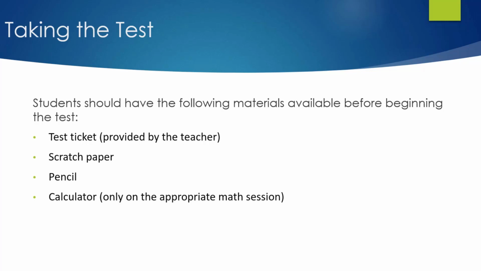As you go through the online tools training later in this video, you're going to see where it's located. But depending on the grade level, not all test sessions for math have a calculator, so it's important that you follow the teacher's instructions when taking the math test or the ELA test.